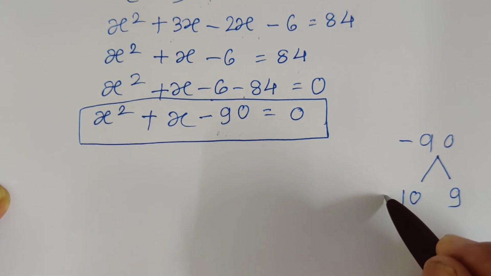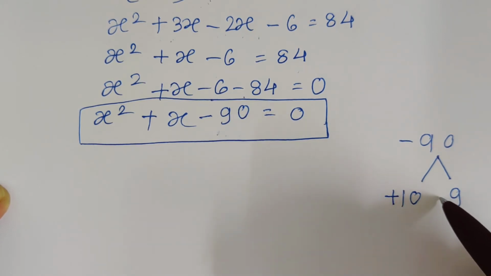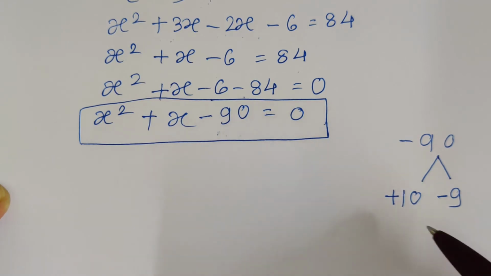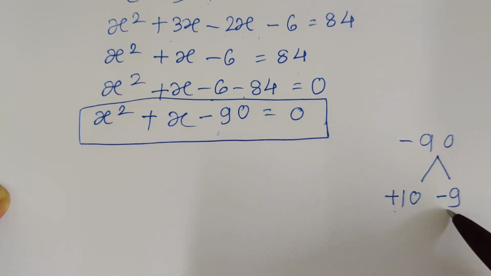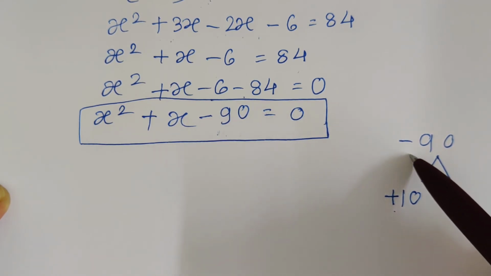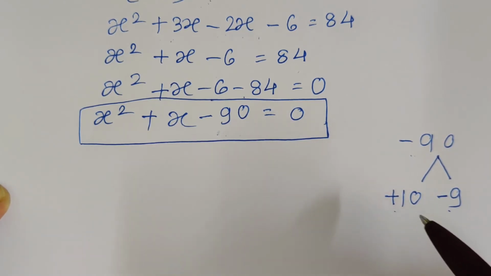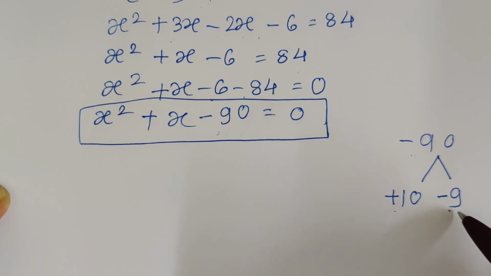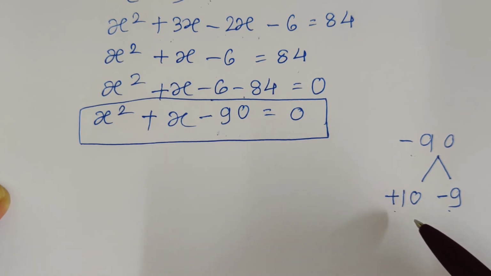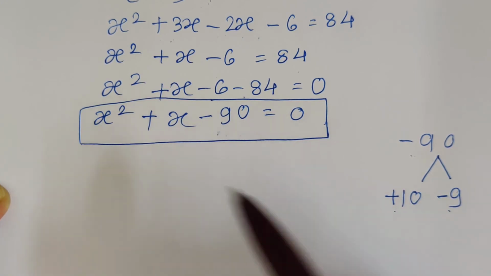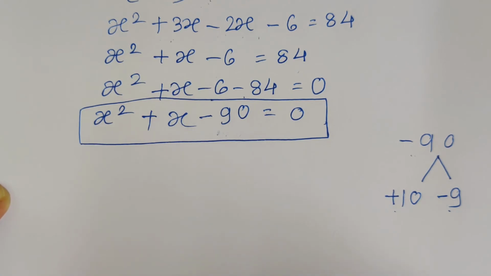That means the bigger number will have plus sign, the smaller number will have minus sign. So minus plus minus, product will be minus, and plus minus minus, bigger number's sign. 10 minus 9 equal to 1, plus 1, bigger number is 10.